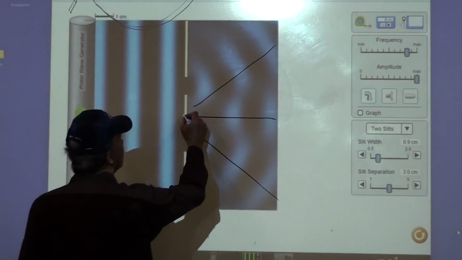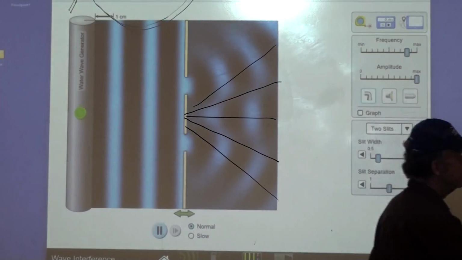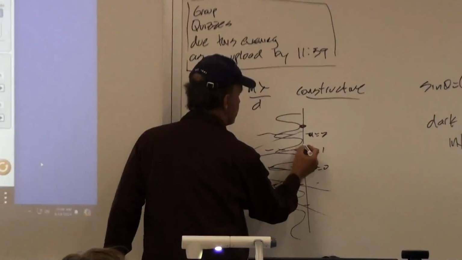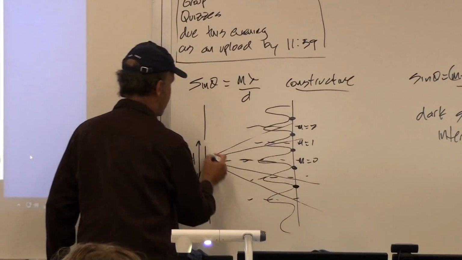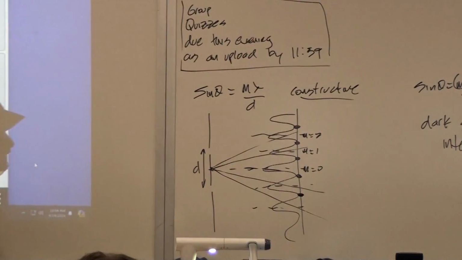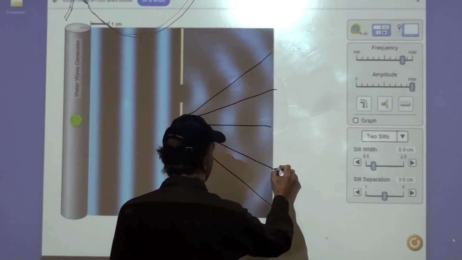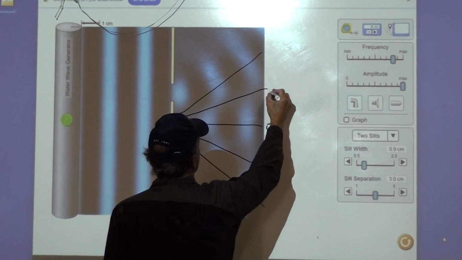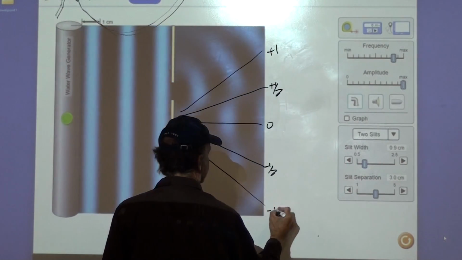And then here, this would be destructive interference, and so those would be dark spots. So those would be these points here, where the two point sources are canceling out. And so that gives rise to the -1/2, 0, +1/2, +1, -1.